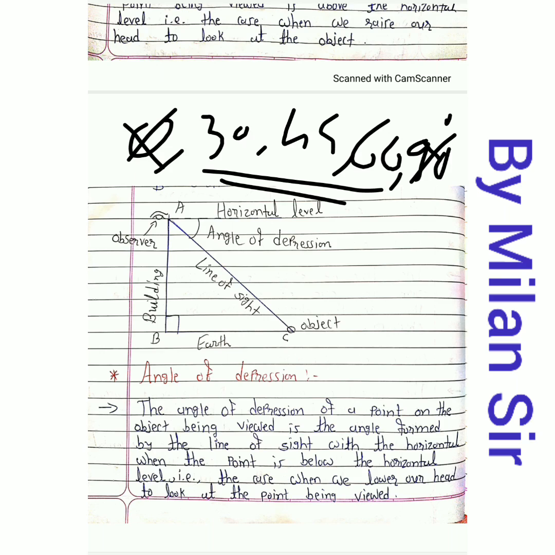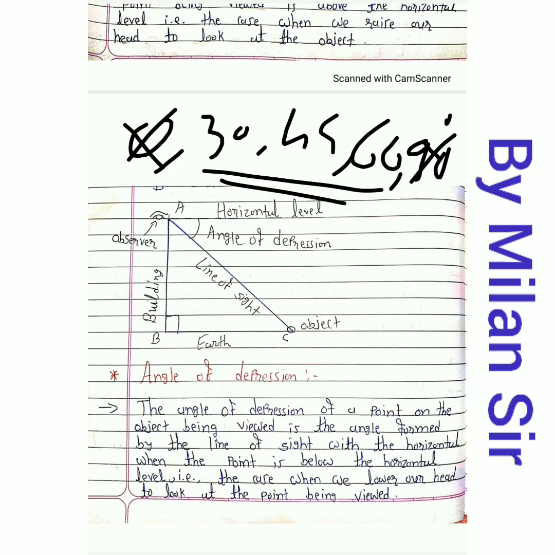In a real life situation, the angle created between the line of sight and the horizontal can be any value, like 12, 15 or 75.5, and we can find the value of the trigonometric ratio at that angle by using a scientific calculator.